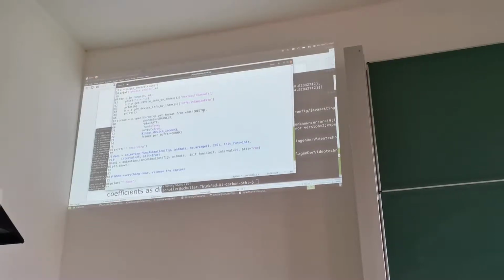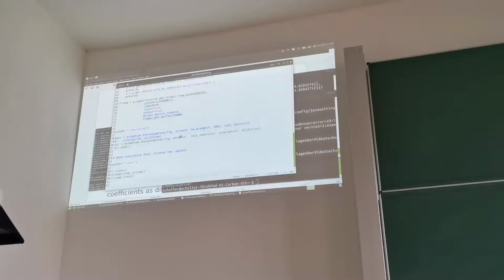So here, 2 bytes per sample, mono, 32 kilohertz, input is true, output is true, and then frames per buffer, so we have 2048 samples. Yeah, and then we basically start the animation function here to continuously get the input from the microphone and display the resulting magnitude FFT values as dB in our plot.